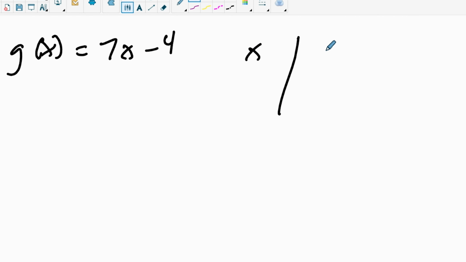I could do subsequent examples of linear functions. Let's just do another one real quick. And so let's say g of x is 7x minus 4. Table of values, x, g.